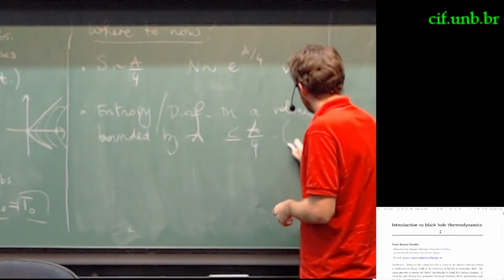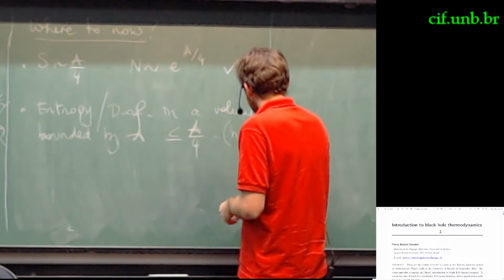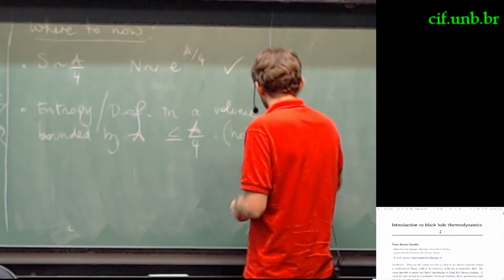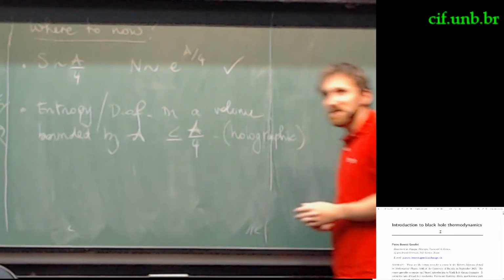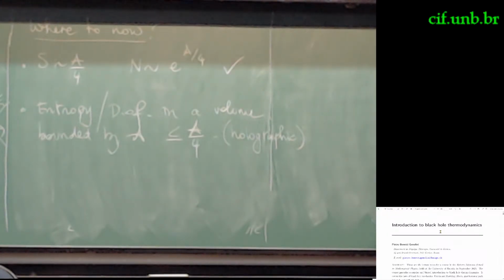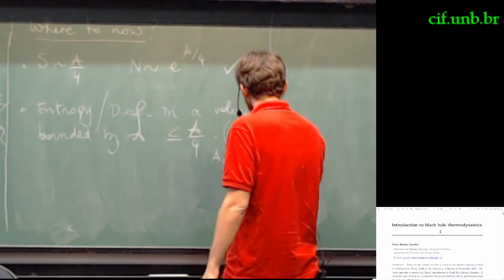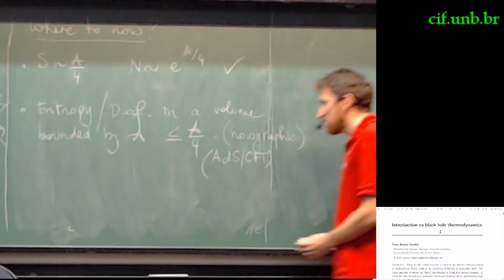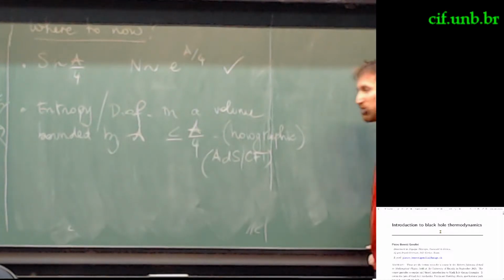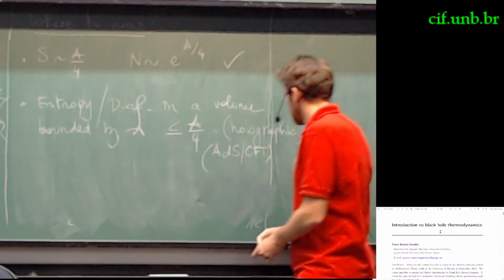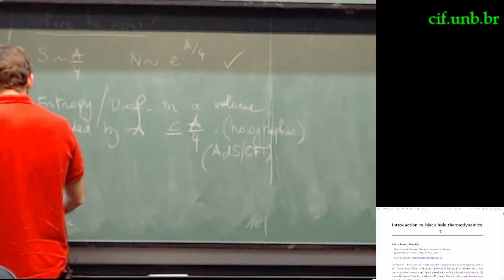This idea suggests that gravity is holographic, in the sense that the degrees of freedom in gravity are actually measured only by the area surrounding it, so in one dimension less. This is borne out by another construction in string theory called the AdS/CFT correspondence, that we will mention tomorrow as well, Thursday as well.